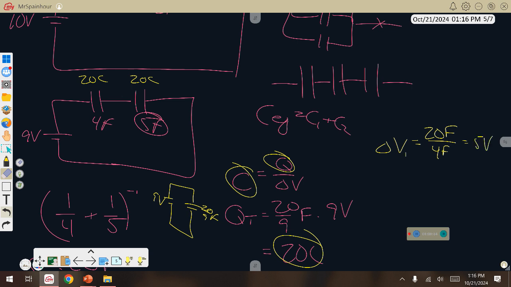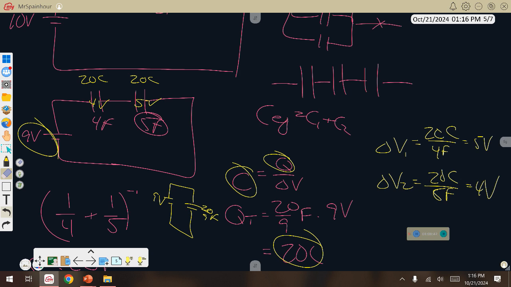That would be the voltage across this guy. And the second one should also, I screwed these symbols up, my apologies. That should not have been farad on top, that should have been coulombs. 20 coulombs divided by 5 farad, and so that should be 4 volts. And why does that make perfect sense that this should have 4 volts on it and that should have 5 volts on it? Well, because together they should probably add up to the original 9 volts.